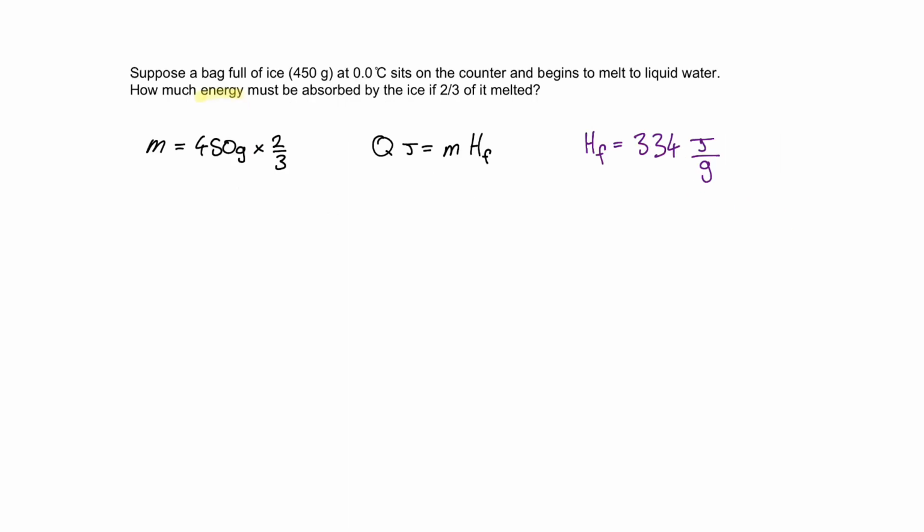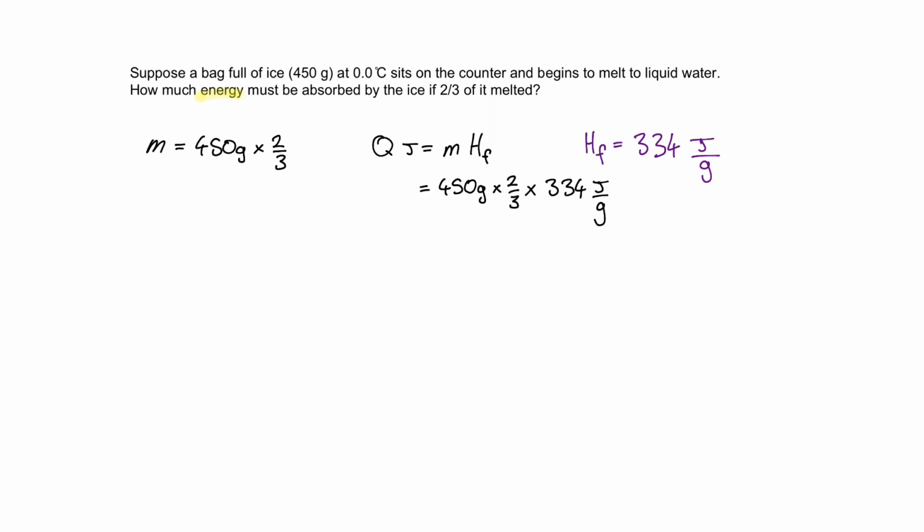Now we can just put it all into our equation. We put in our mass, which is equal to 450 grams times 2 over 3, and our constant Hf, which is 334 joules per gram.